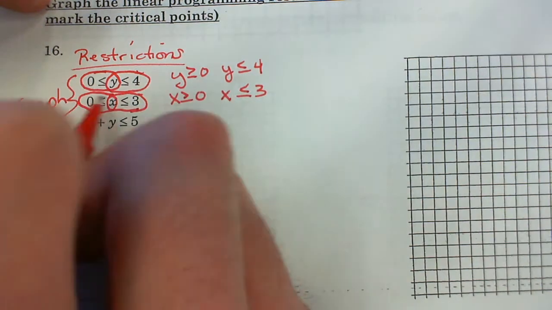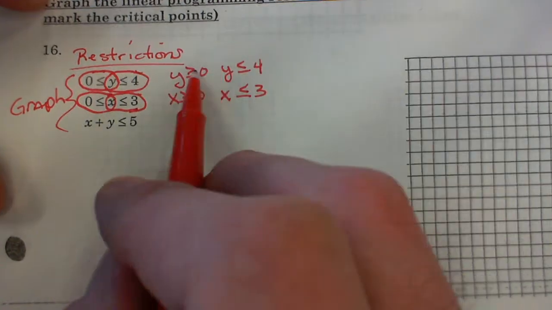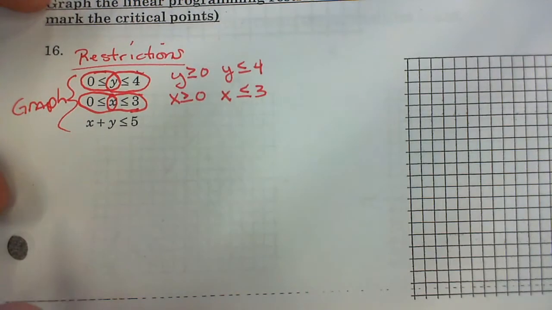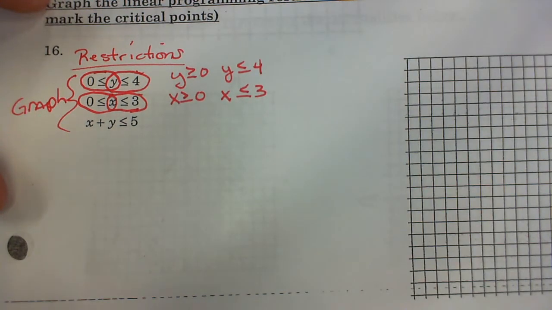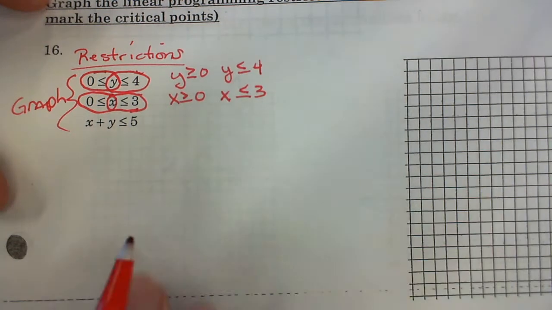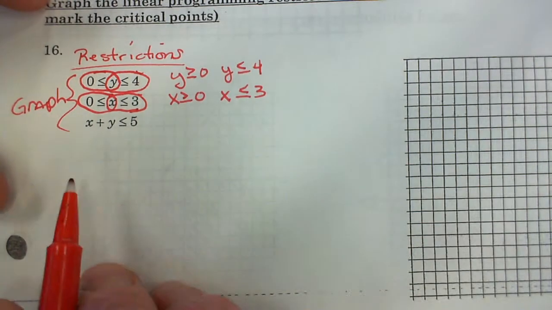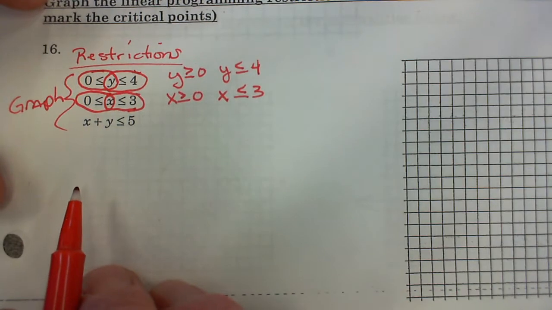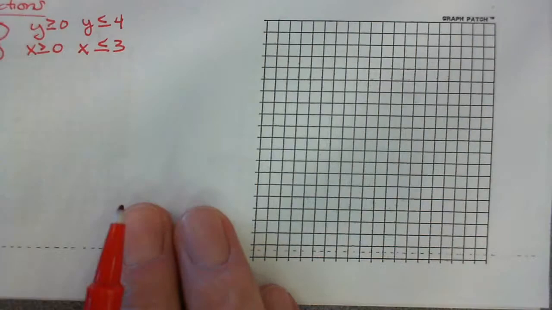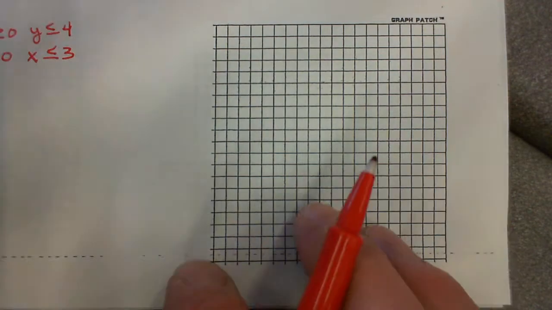So these are actually 4 different lines. We have 2 horizontal lines and 2 vertical lines, and then we're followed up by 1 diagonal line here, since the equation has both x and y in it. Now, when we go to graph, you notice that x and y are greater than 0, which means we're basically in the first quadrant, so we're really going to be graphing positive values.